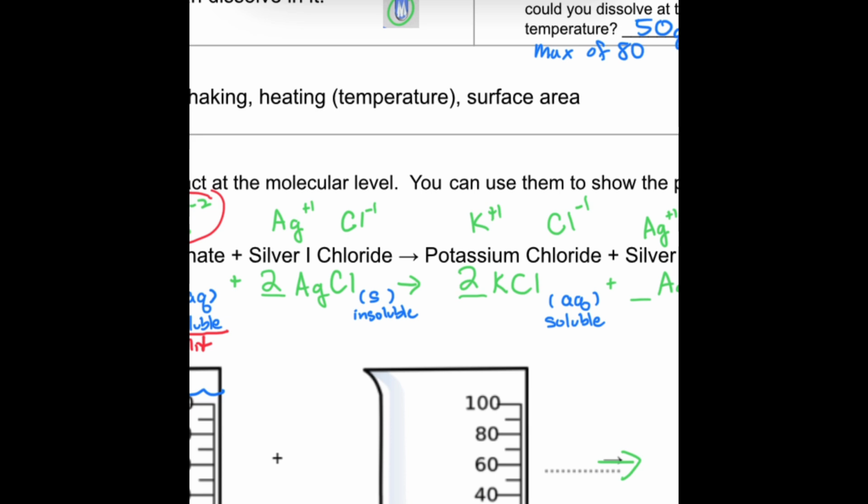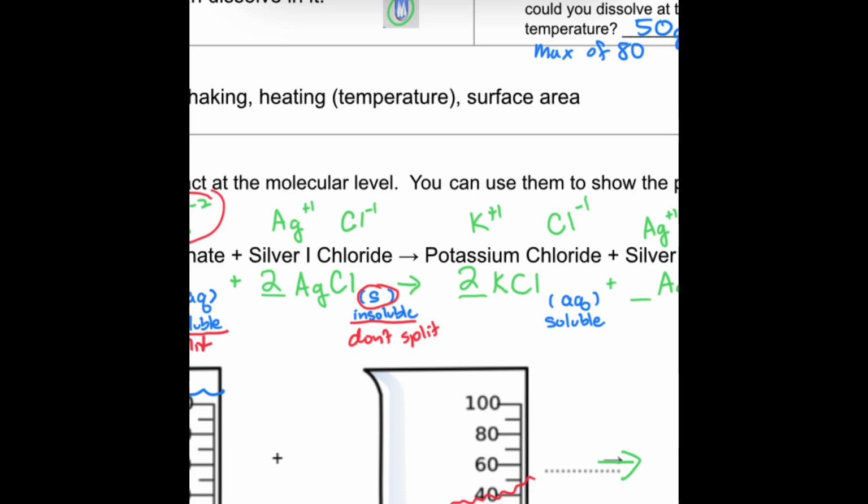In this one, I notice that my phase symbol is solid, right? And insoluble. So I'm not going to draw it split up because it's a solid substance. Why would I do that? Instead, I'm just going to draw my substance at the bottom as a solid.